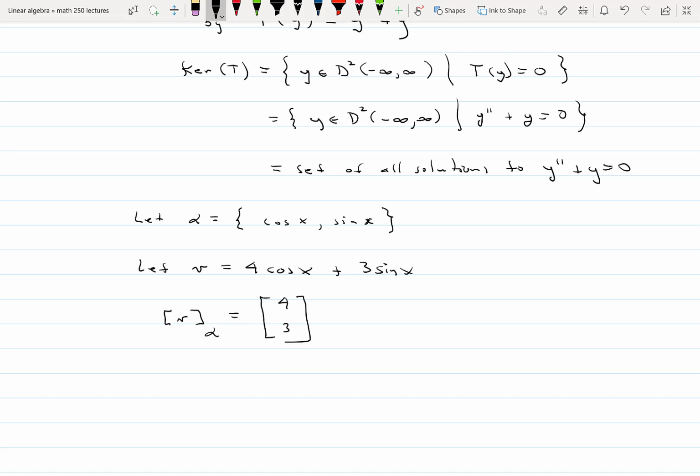Now we're going to start our section 5.3, and again, it's a long section. You might want to cut it into pieces. One more thing about this section. Your author did an okay job of explaining it.